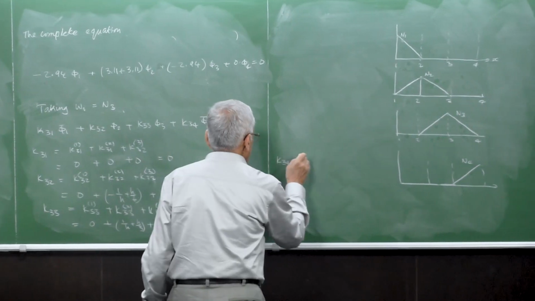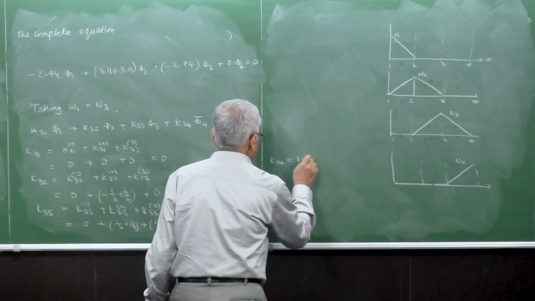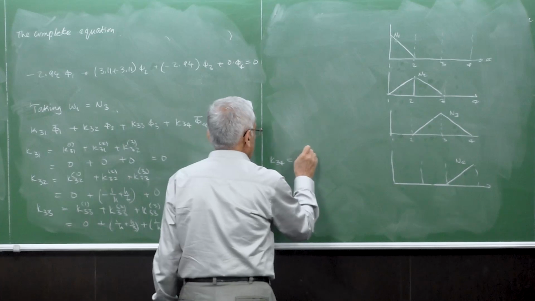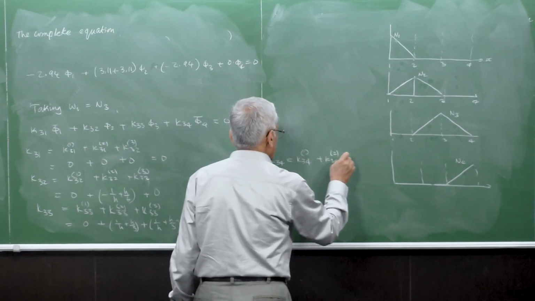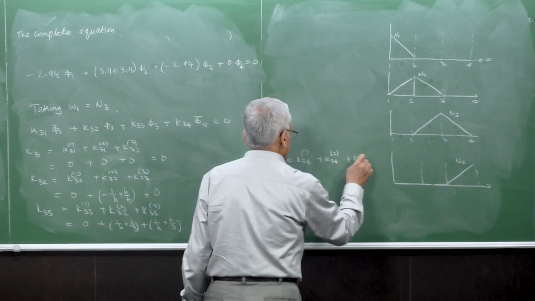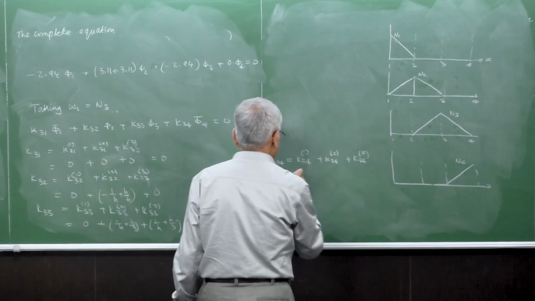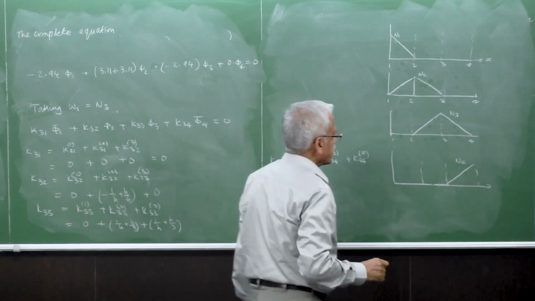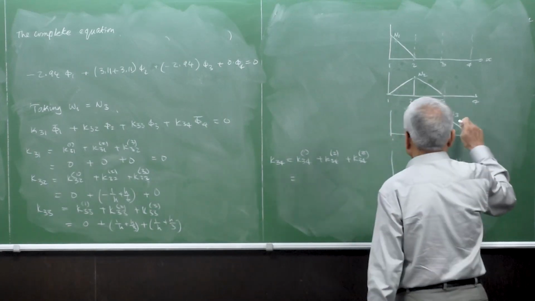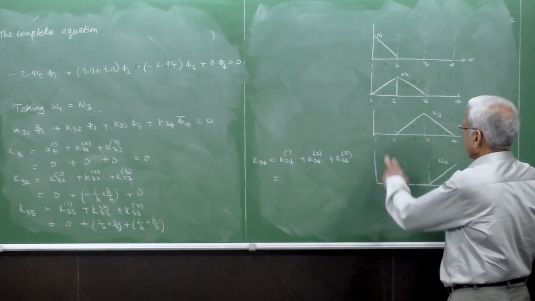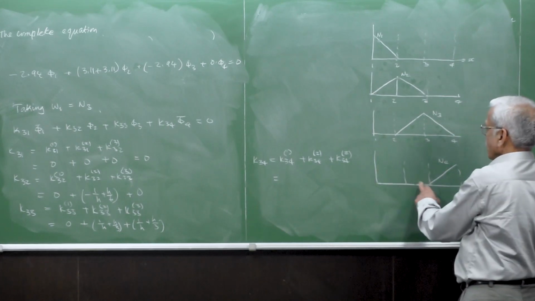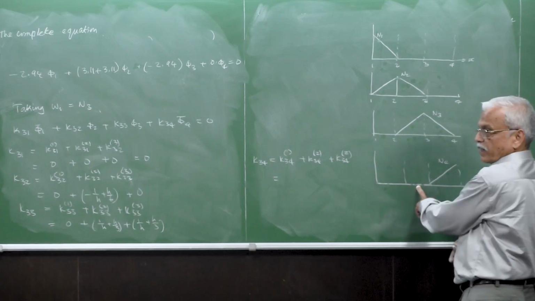K34 element 1, K34 element 2, K34 element 3. So we are looking at the combination of 3 and 4, right? 3 and 4. So there's nothing here, nothing here. Element 1, element 2, they're both contributions.